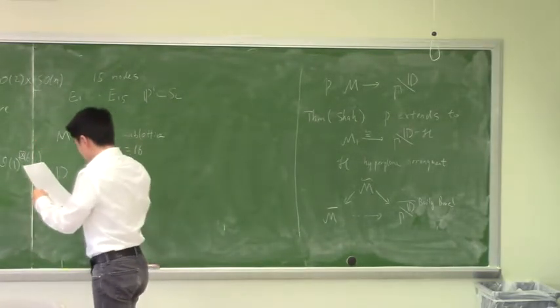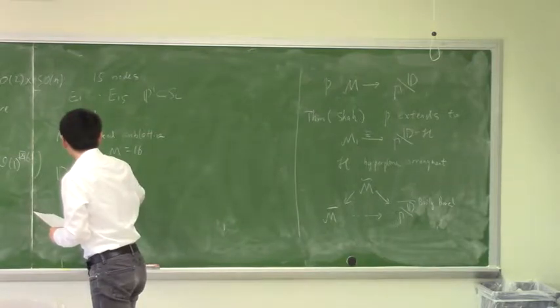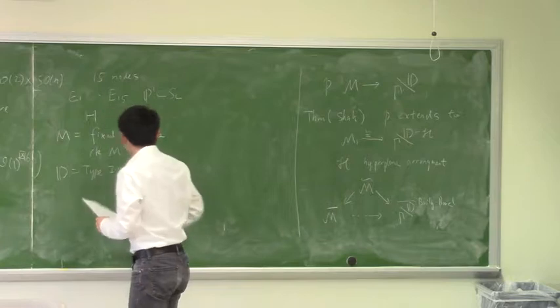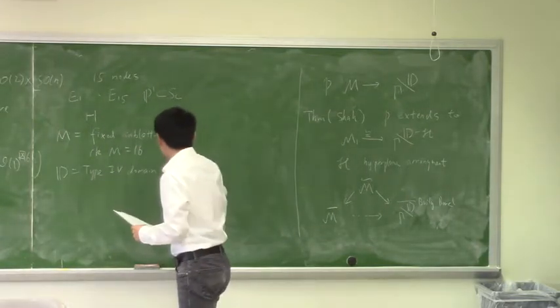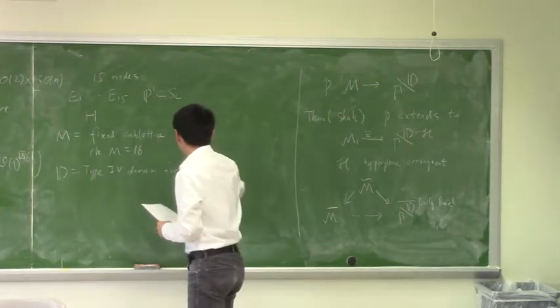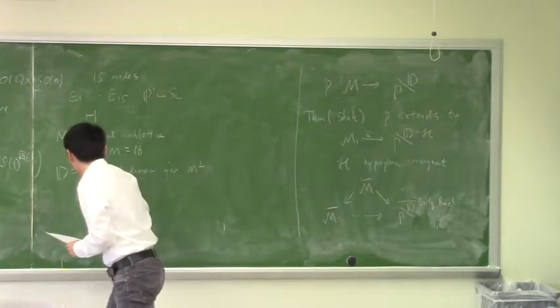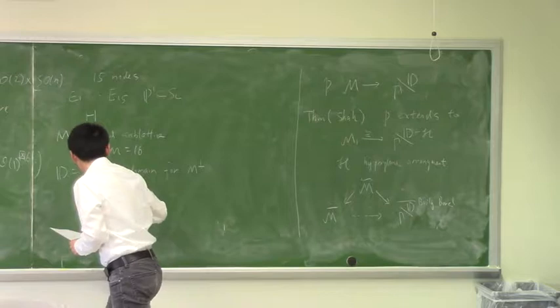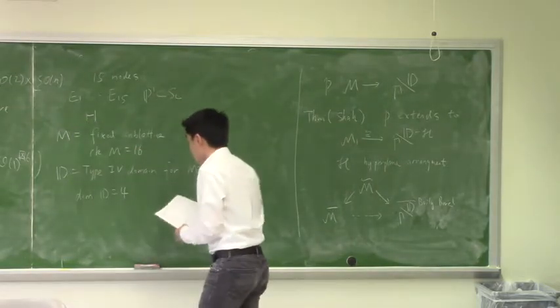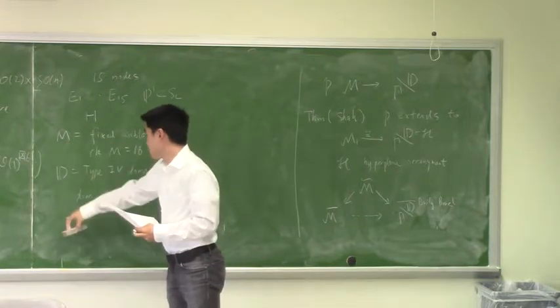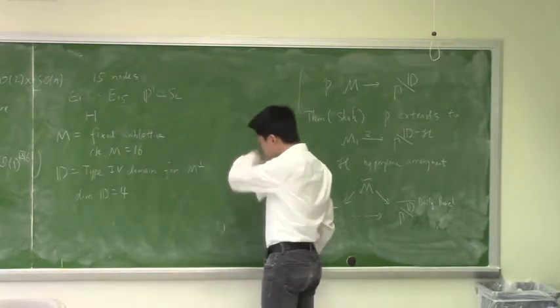Now our D is a type 4 domain corresponding to M perp. So the dimension of D is 4. And we use this M-polarized K3 to form our period map.